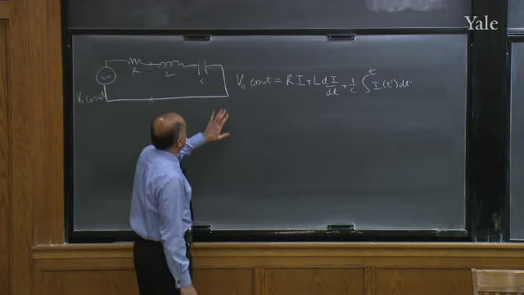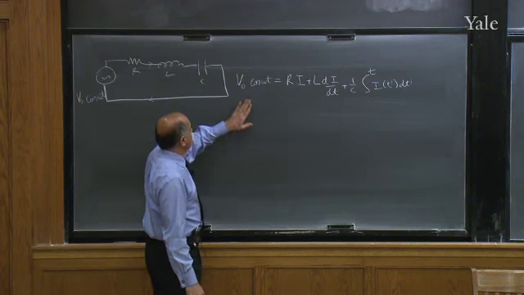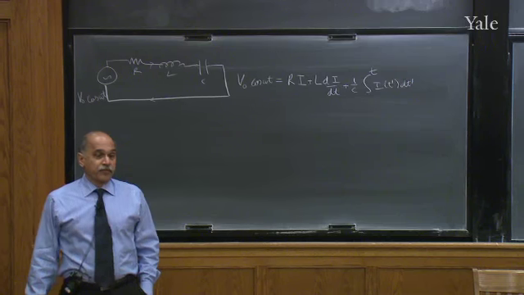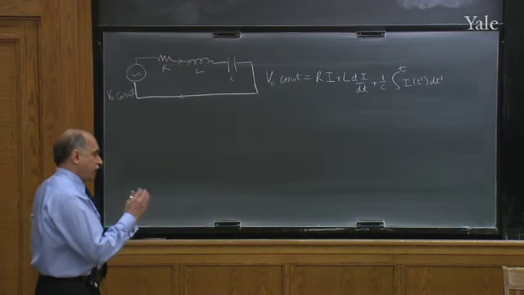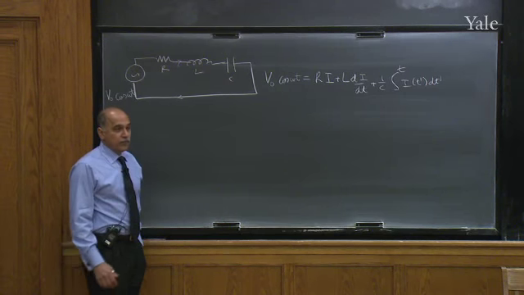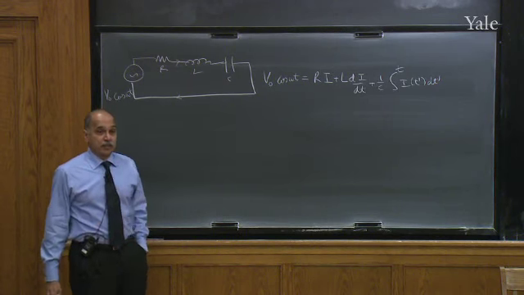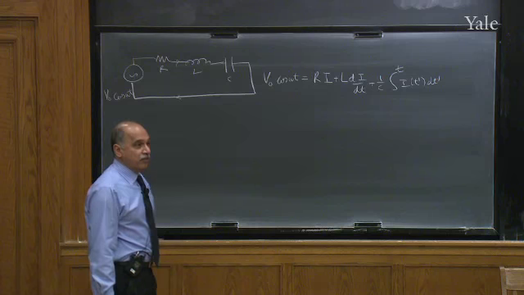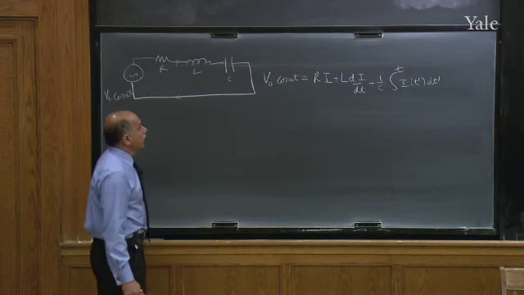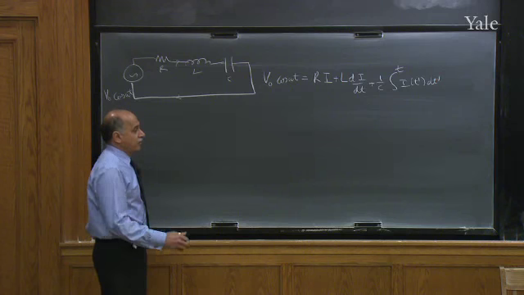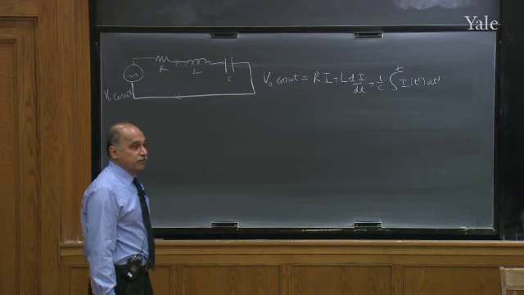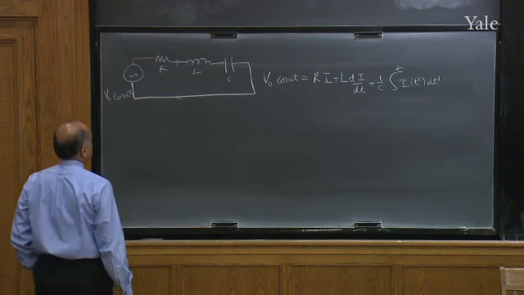But it turns out that if the voltage is V naught cos omega t, there's a very clever way to solve this problem, which takes it back almost to the good old days of V equals IR. No differentials, no integrals, nothing. That's the magic. That was invented by an engineer from GE called Steinmetz. He put to work some ideas that may seem esoteric because they involve complex numbers, but it makes life tolerable for people doing circuit theory.